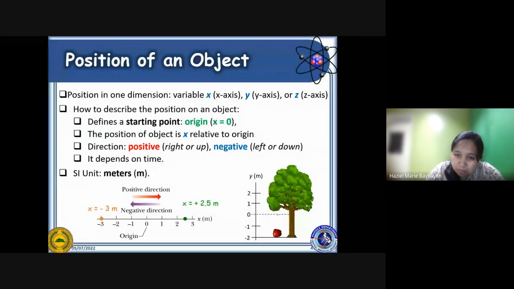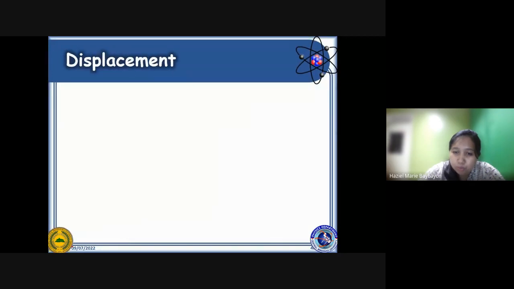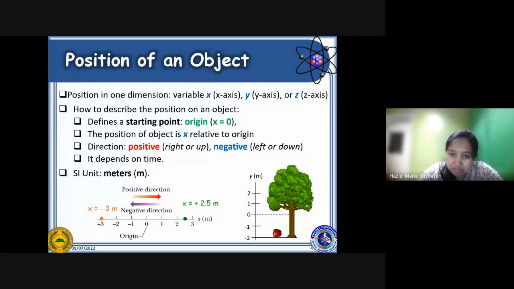This would be more preferable, where the motion starts, that is our origin or starting point. Okay? So, for example, the apple's position after it has reached the ground is -2 meters. Okay?